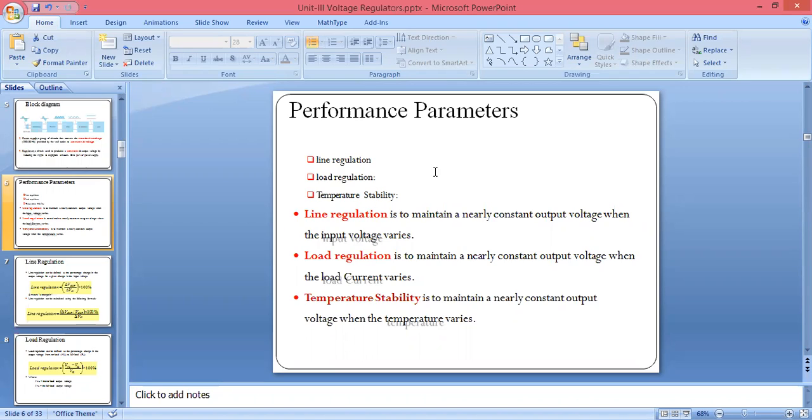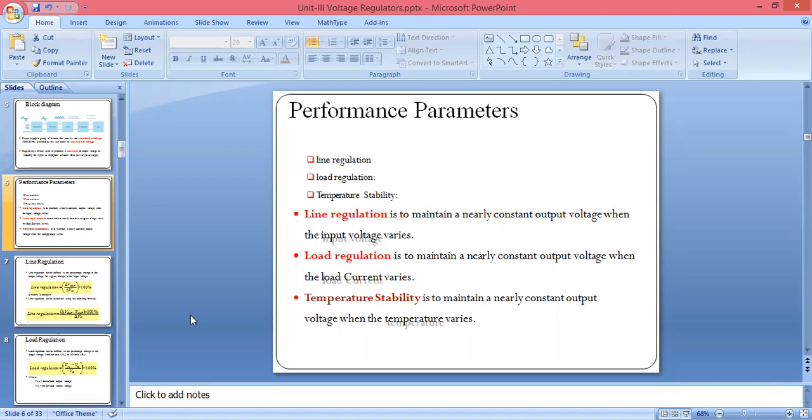It means if the load current is changed, the load resistance value is changed, the input voltage changes, or there are differences in the temperature, at that time also we are maintaining constant output voltage. Irrespective of the changes at the input, we keep the output voltage constant.